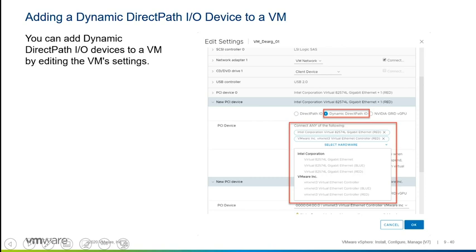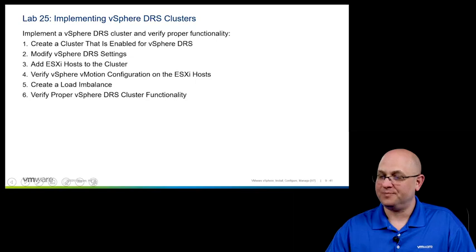We have Intel virtual gigabit Ethernet adapters and VMware VMXNET3 adapters in this example. The only reason you would have a VMXNET3 PCI device is if your ESXi host itself was a virtual machine. At any rate, it will actually then allow you to choose which pool you want to attach this new PCI device to. So it's a really, really cool feature.